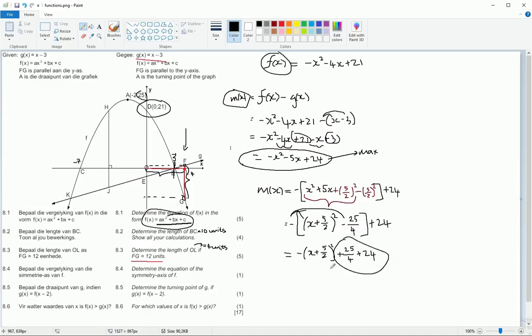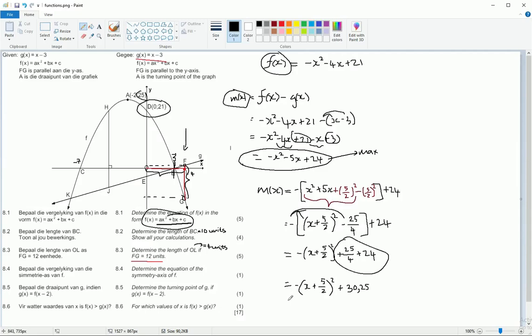I'm just going to use my calculator. I rely on the calculator for that. 25 divided by 4 plus 24. Calculator says 30.25. So it's 30.25 minus x plus 5 over 2 close bracket squared. I added these two together, and the calculator said it is 30.25.